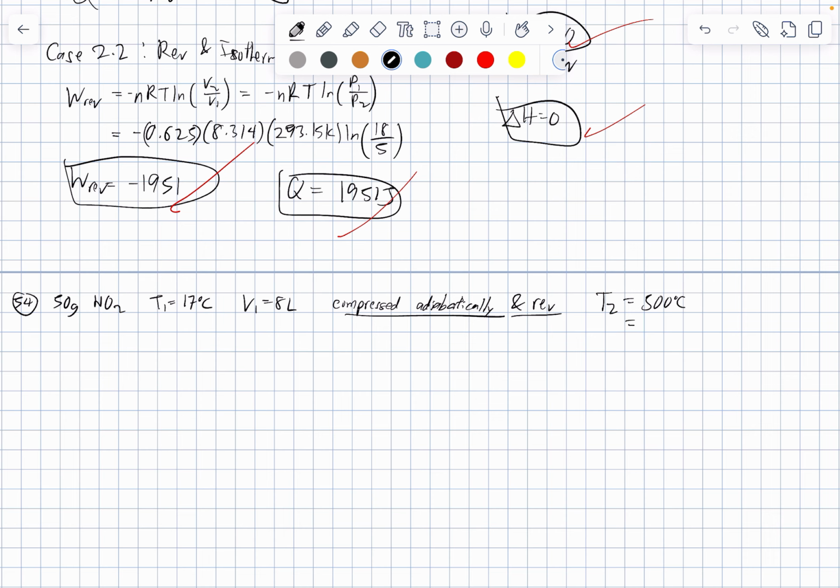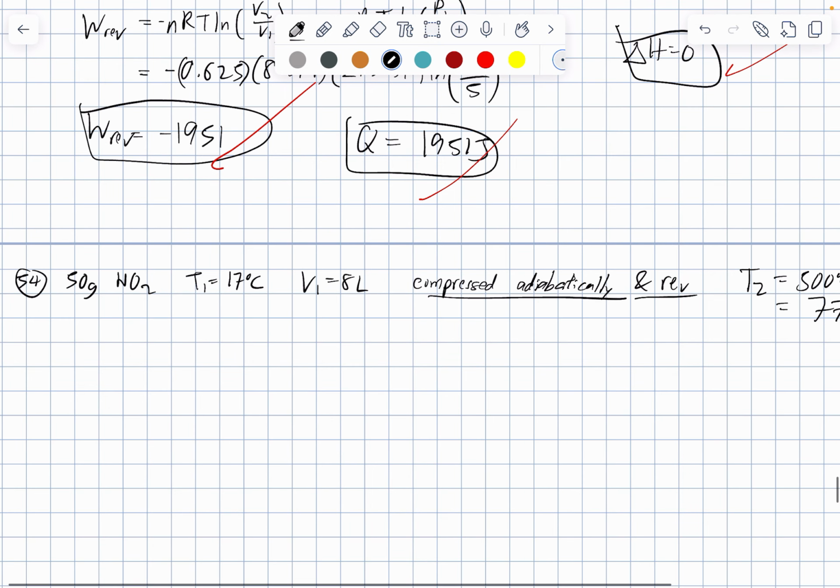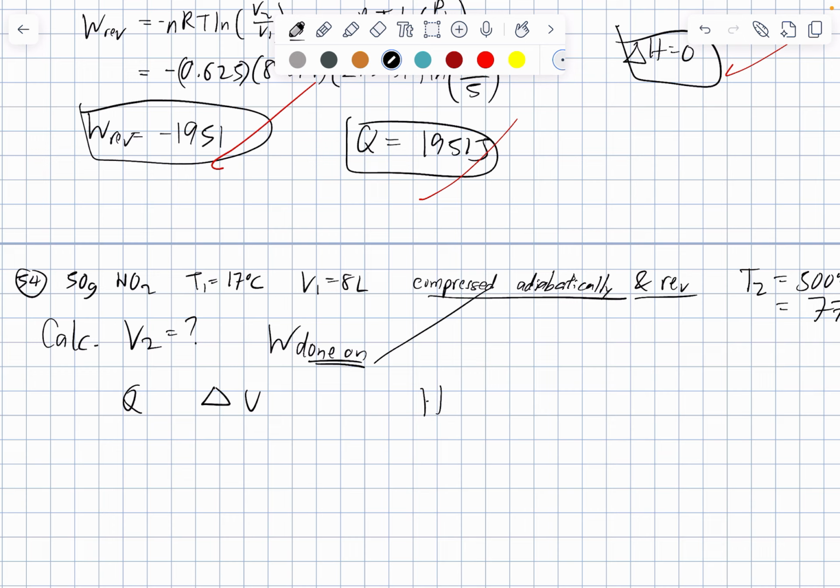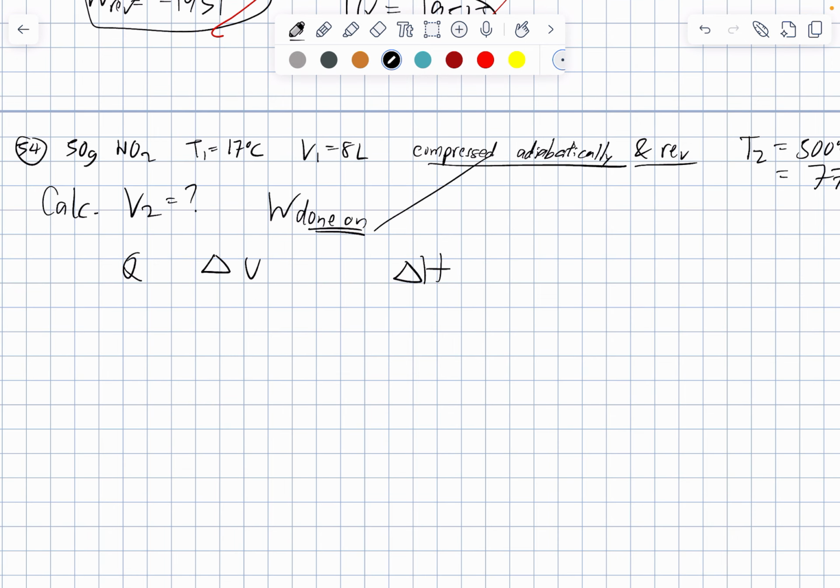What is this? 773.15 Kelvin. Okay, so we have to calculate the final volume and work done on. Done on means compression. It makes sense. So after that, we have to calculate Q, delta U, and delta H, change in enthalpy.